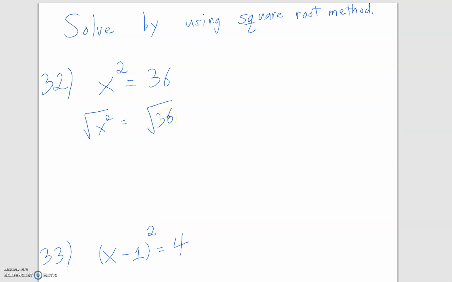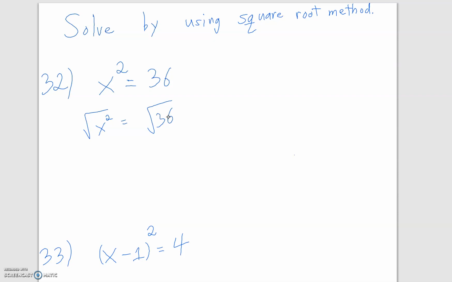Now here we have to be careful. Whenever you take a square root, you always have a positive and a negative root, unless there is some additional information that would cause you to exclude one of those roots. Here we have no such information.